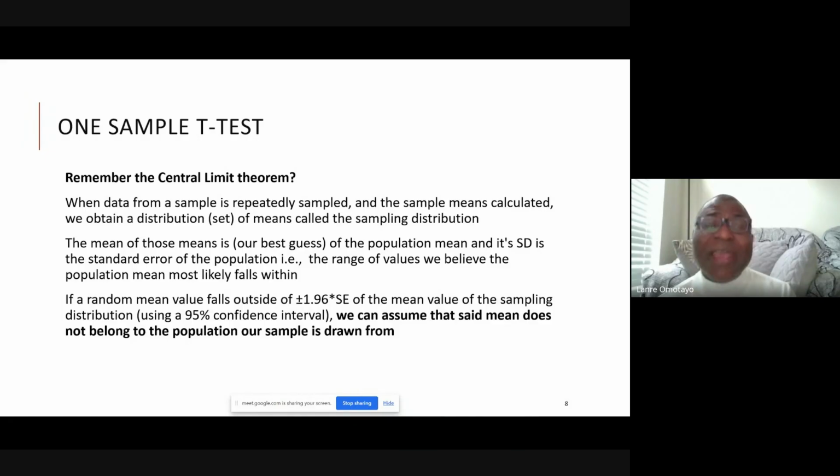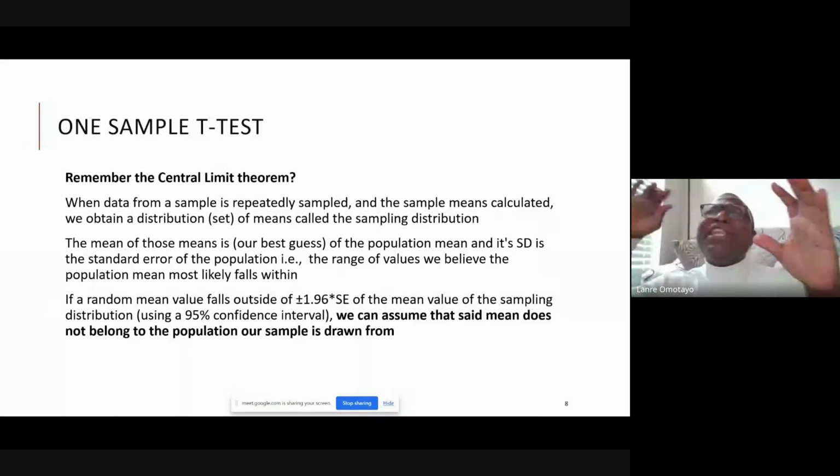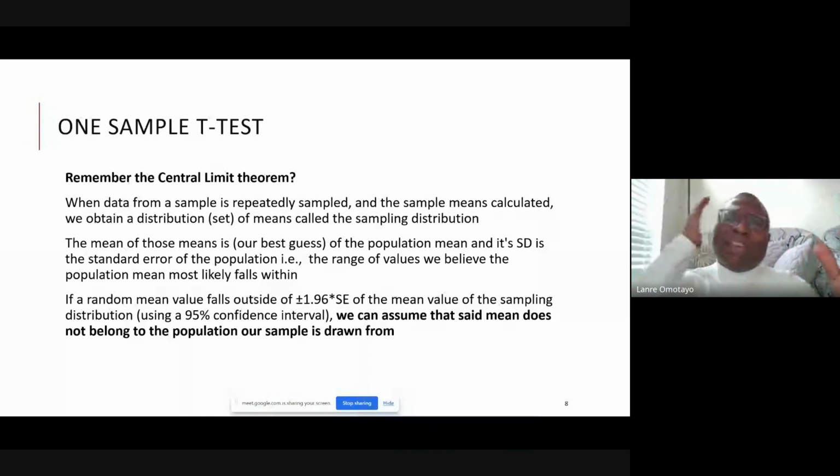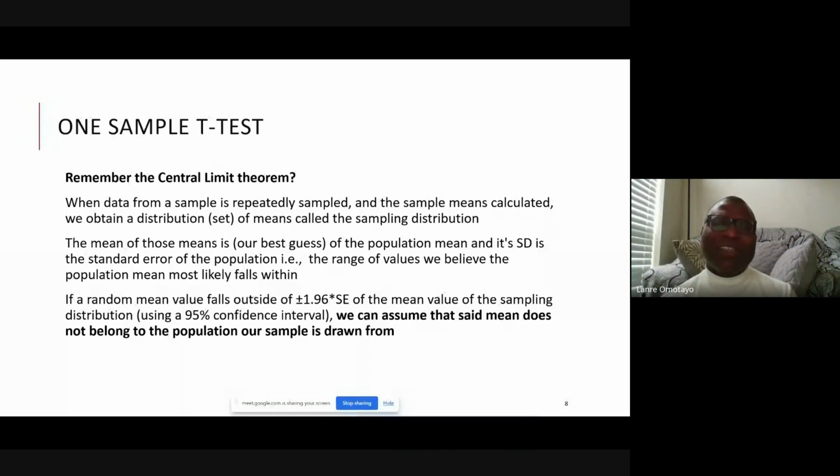And that is where statistical tests come into question. Because what they help us do is estimate the likelihood that, had we enumerated everybody, within this range of values, the population parameter would have existed.